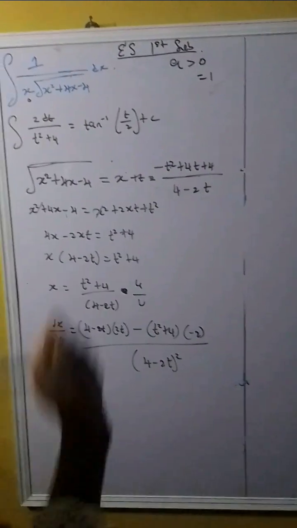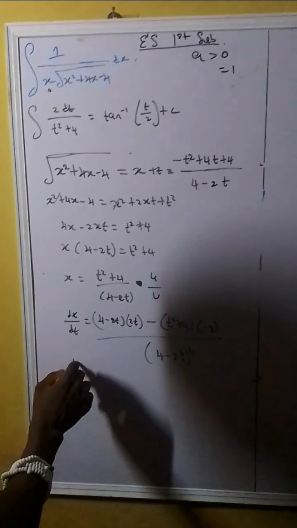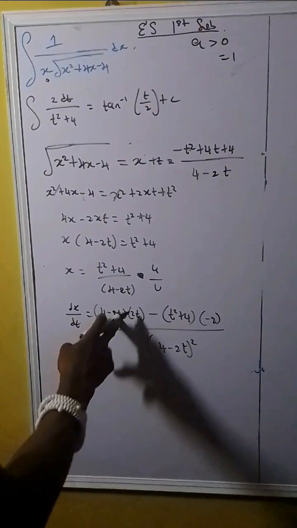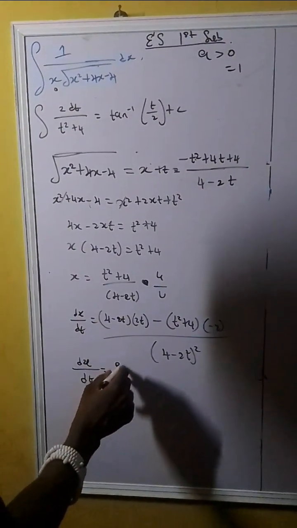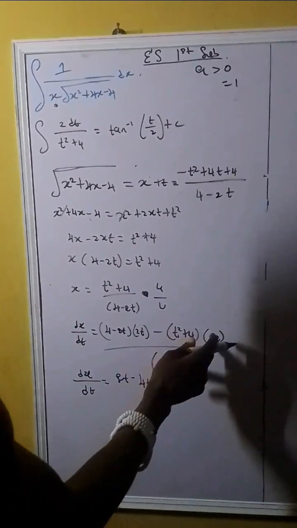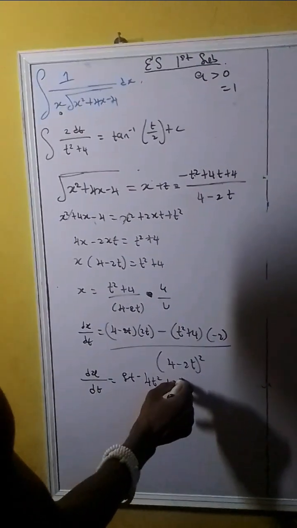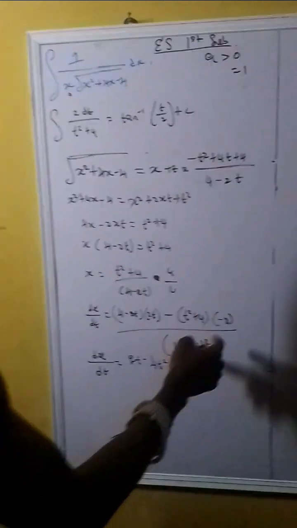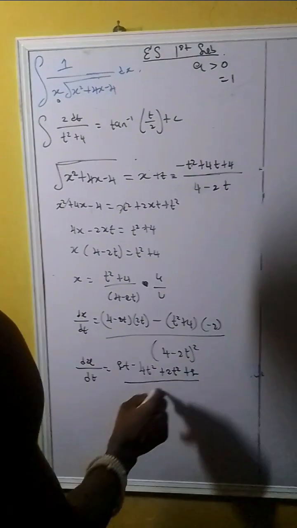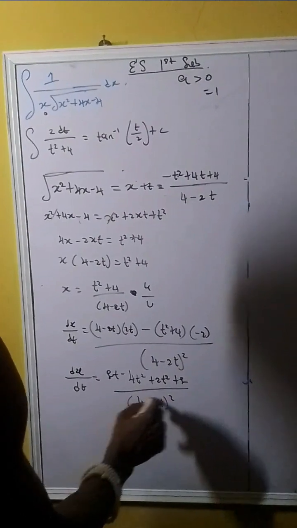So moving on, without wasting time, our dx over dt would simply be equal to, this will give us 8t minus 4t squared. This will give us minus 2t squared, then times this minus, that will be plus 2t squared. This will give us minus 8, then times this, that will be plus 8 over 4 minus 2t raised to power 2.